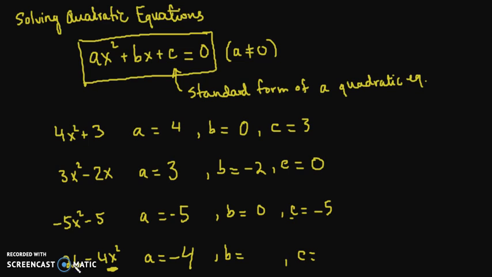There's no x next to 26, so 26 is actually the constant c. And b is the number in front of x, and we don't see any x here, so b equals 0.